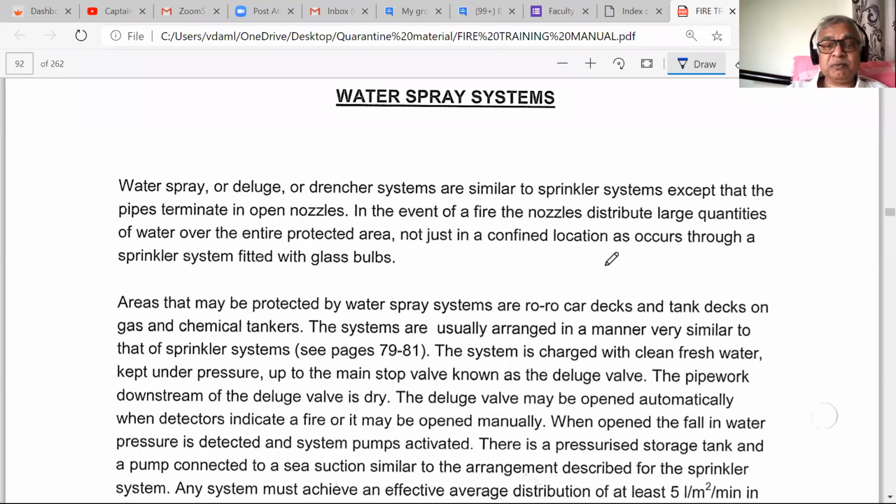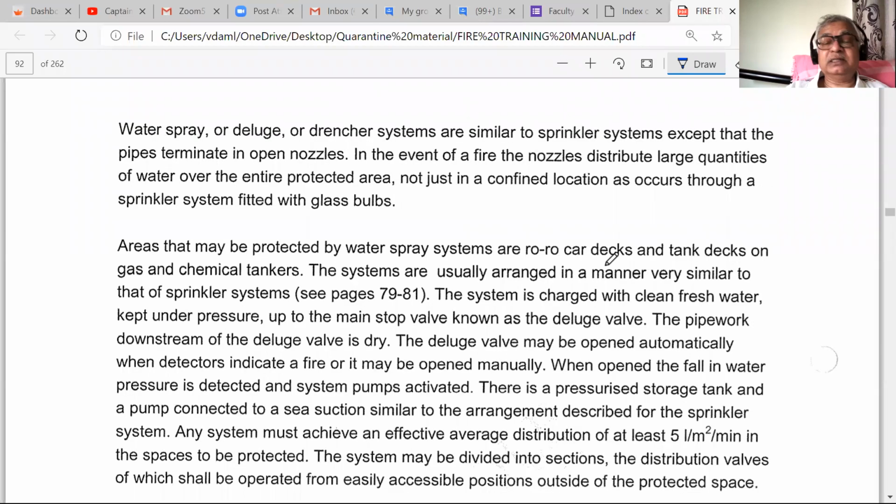Now, a couple of places where you need this sort of system are like car decks and tank decks of gas chemical tankers. Because normally, when dealing with any fire of this sort, like cars, chemicals, generally water is a better agent because it removes the heat and the fire will extinguish itself.